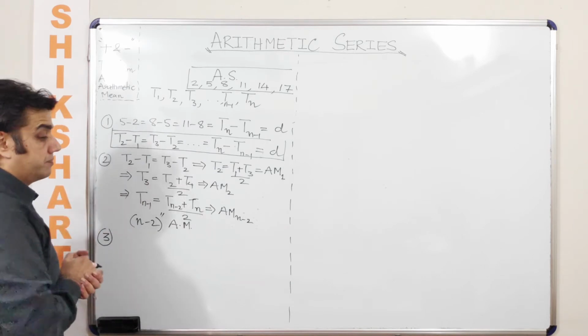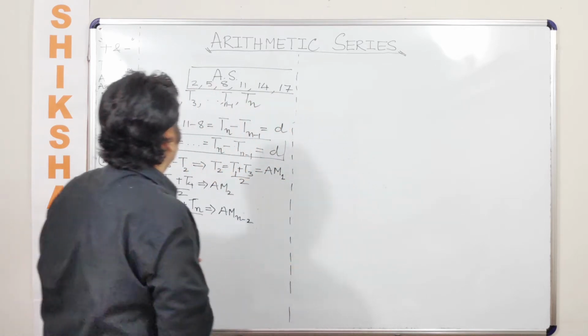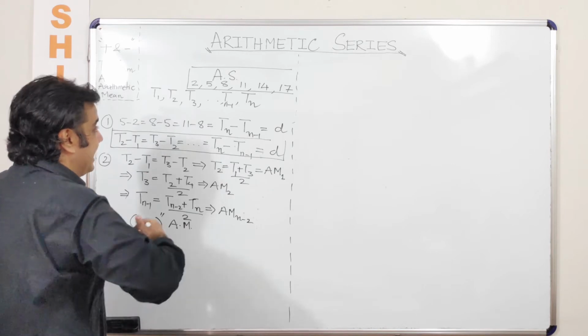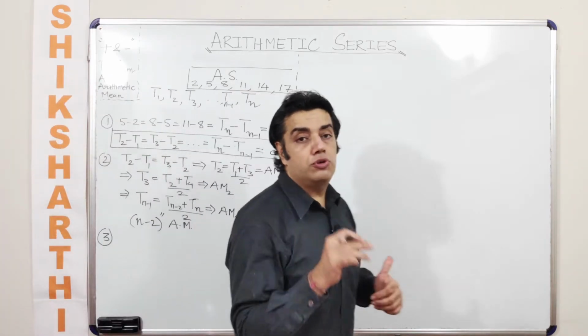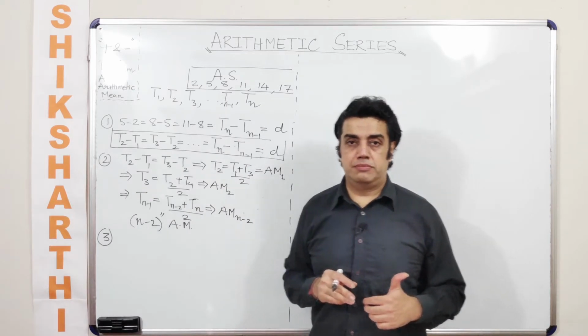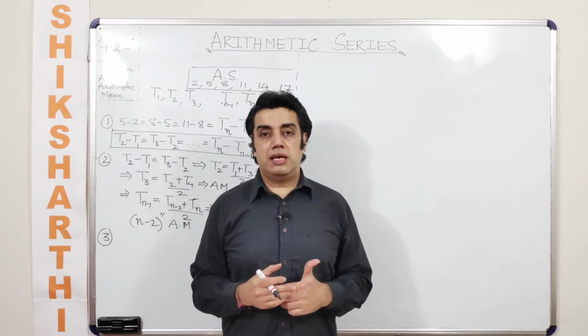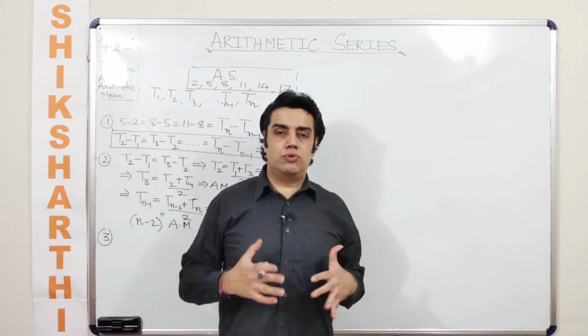Third point, which is equally important. Now, if I want to locate a particular term, mark the words being used. If I want to locate the third term, how will I locate it? I'll locate it with the help of the formula. What is the meaning of location?